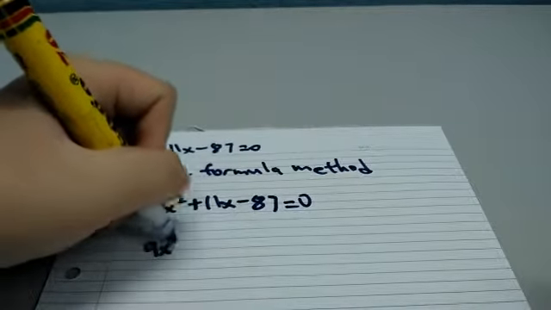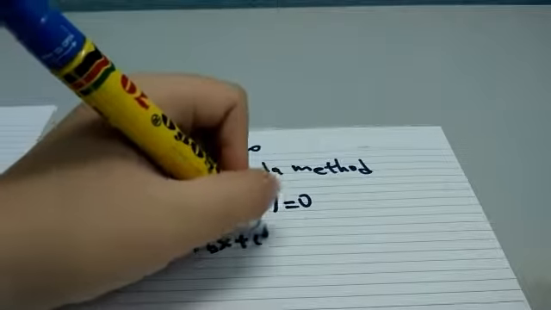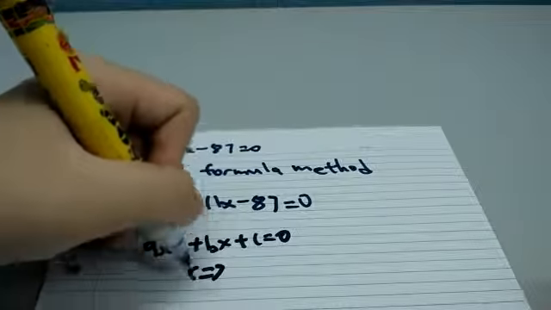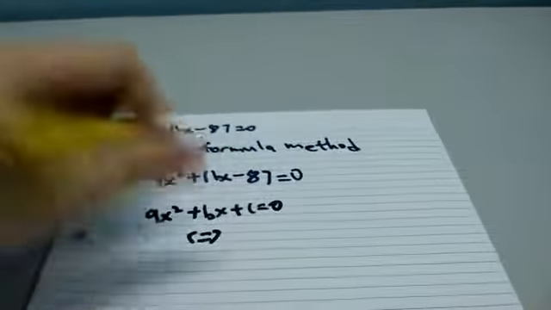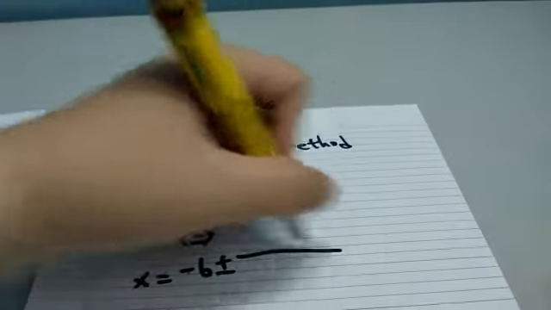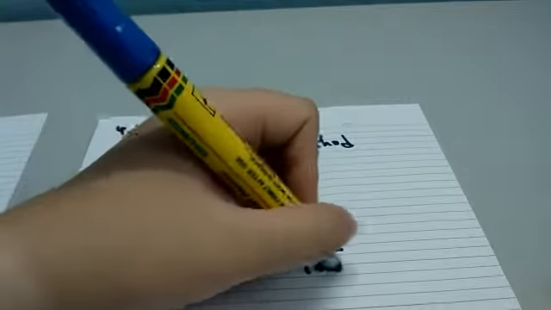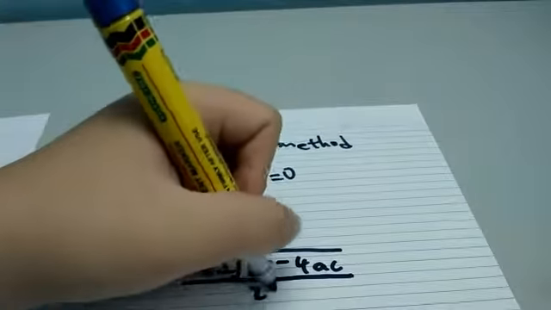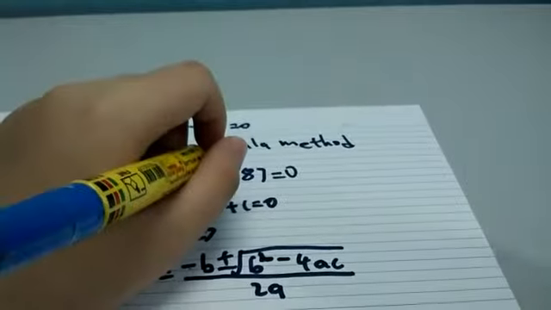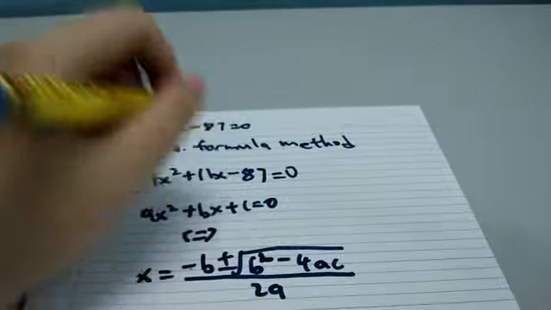The general form of a quadratic equation is ax squared plus bx plus c is equal to 0, but to make x the subject, we will have x equals negative b plus minus the square root of b squared minus 4ac over 2a. And if you guys didn't see how I prove the quadratic formula, please check the video.